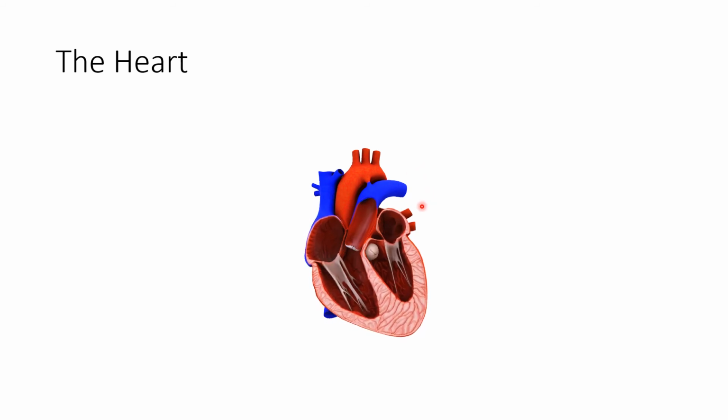Whatever is coming from the pulmonary vein to the left atrium is staying here. Instead of contracting fully and pumping the blood to the left ventricle, just a little bit is going to the left ventricle.